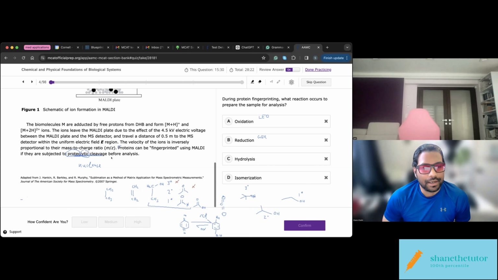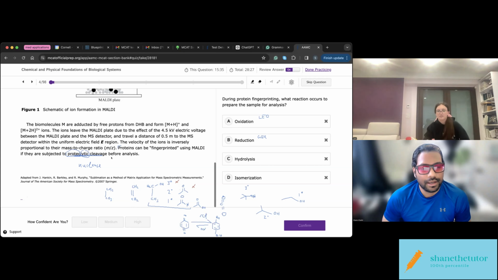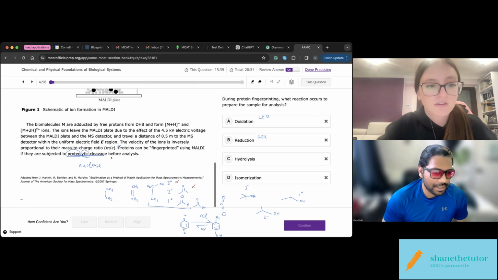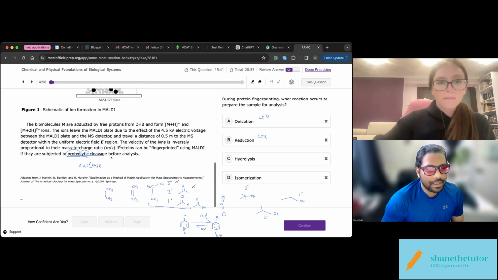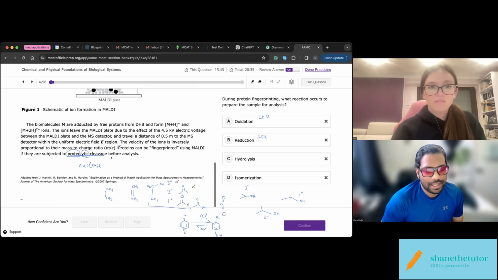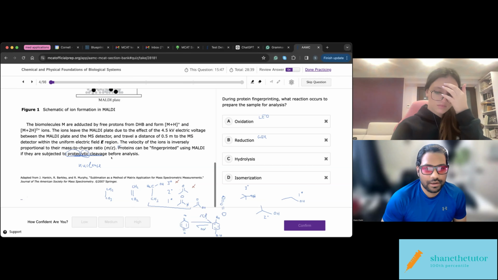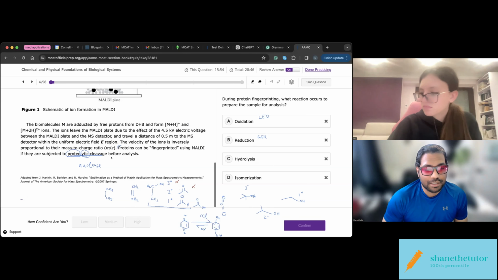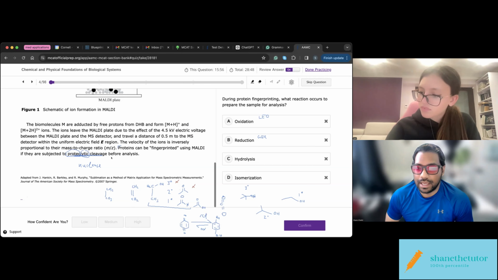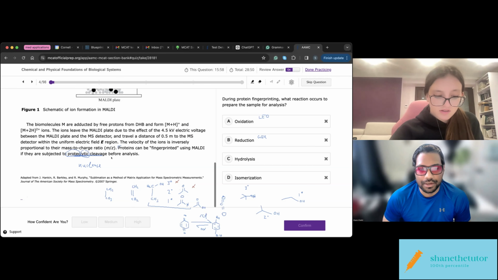But they talk about this MALDI plate thing with that electric field and the velocity of the ions and all this stuff. But the question they're asking us here is just, when you do the protein printing, what reaction happens? And from them telling us that it's proteolytic cleavage, we know that they're breaking bonds.